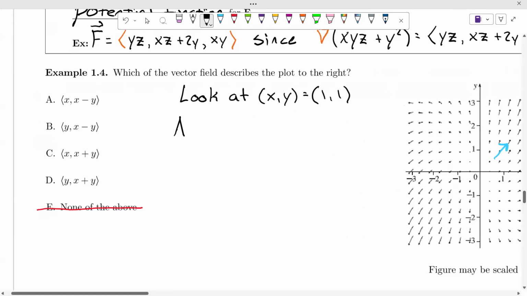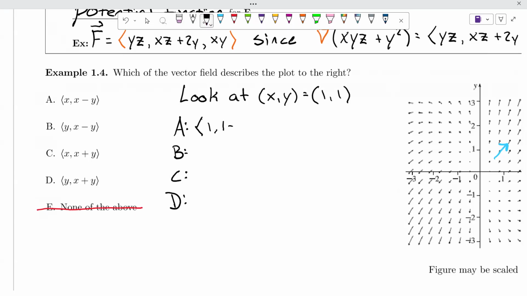And my four options, A, B, C, and D, at the point 1, 1, will look something like the following. So A, if I plug in 1 and 1, I'm going to get 1 and 1 minus 1.